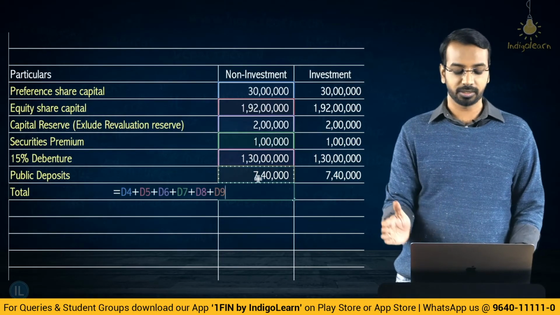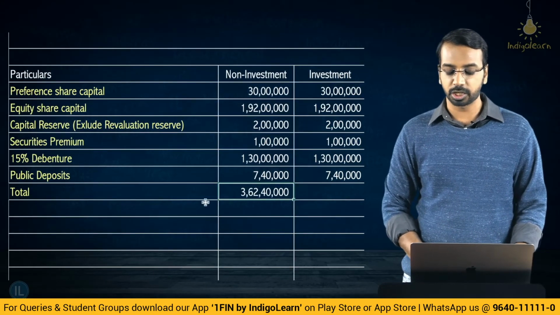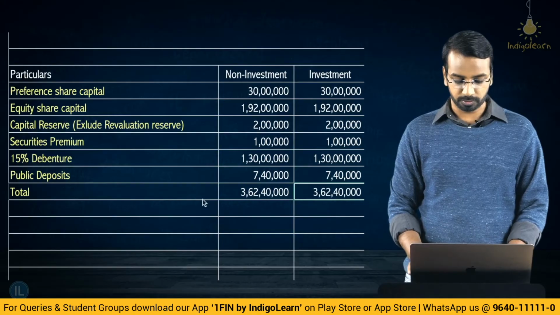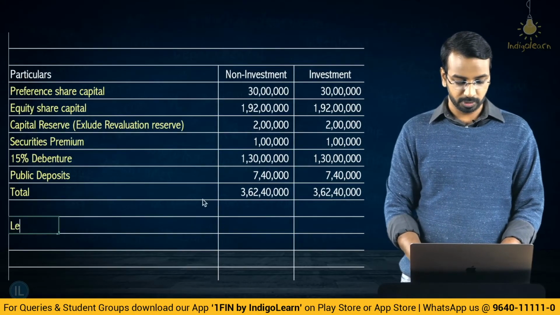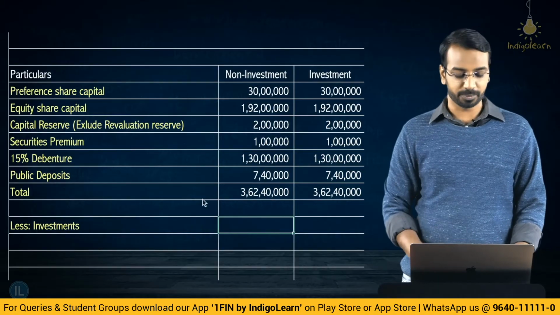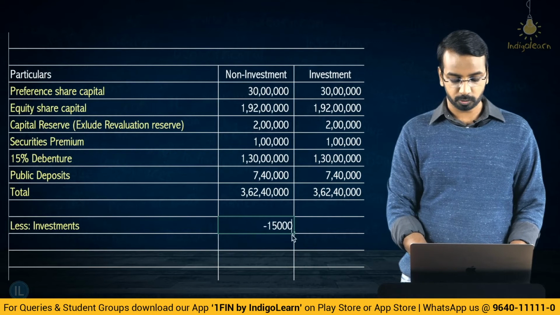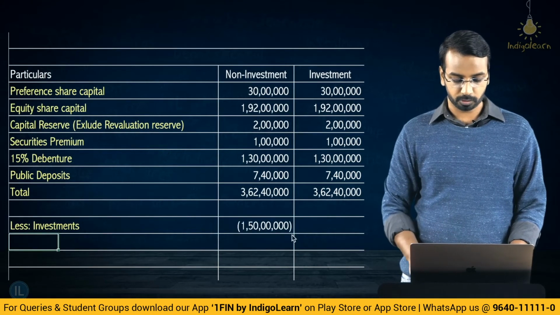I am just excluding the last 3 zeros, it will be easy for you to calculate. You get 3 crores 62 lakhs 40,000 as the total. Both of these totals are same. From this, you will deduct investments only in the case of non-investment company. How much is the investment? 1 crore 50 lakhs. So minus 1 crore 50 lakhs.